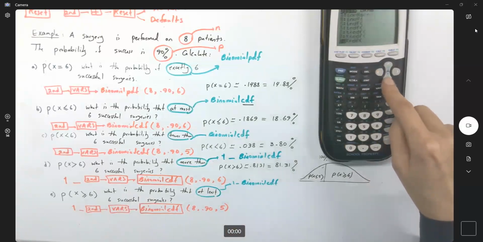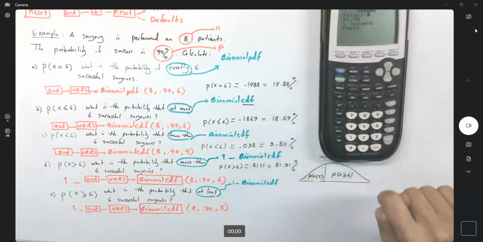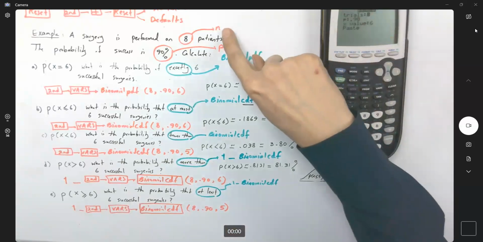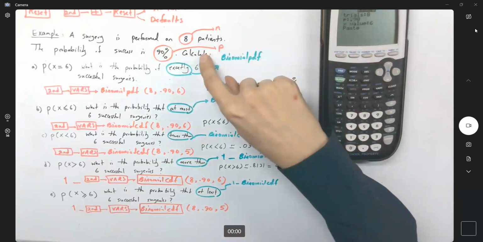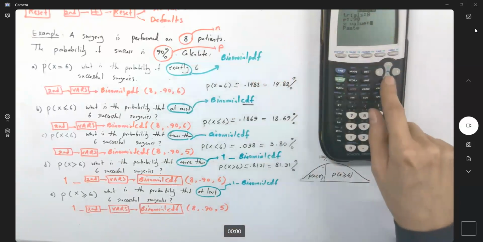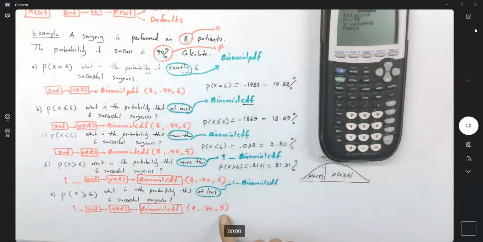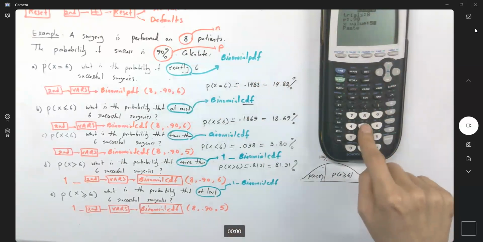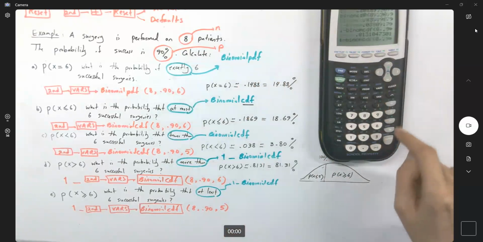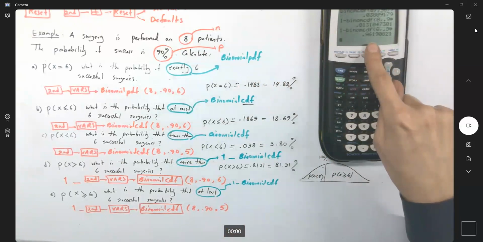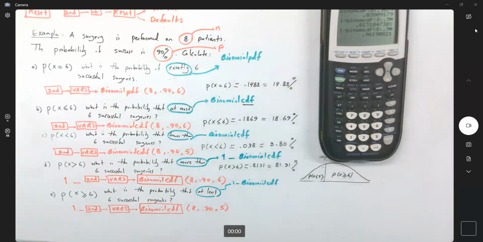Now find binomial CDF. 8, the number of tries fixed. 90% the probability of success fixed. And here the x value that you're going to enter is 5. Let's see what do we have. It gives us 0.9619. So the probability that we have at least 6 successful surgeries is about 0.9619 or 96.19%.